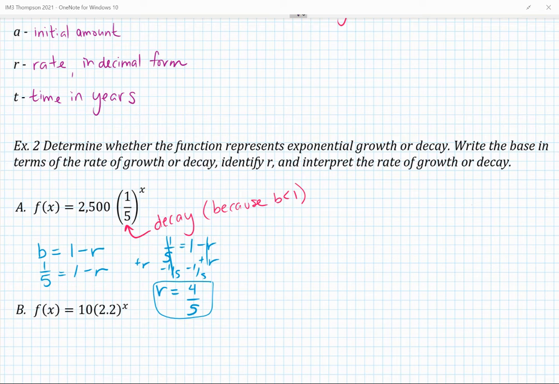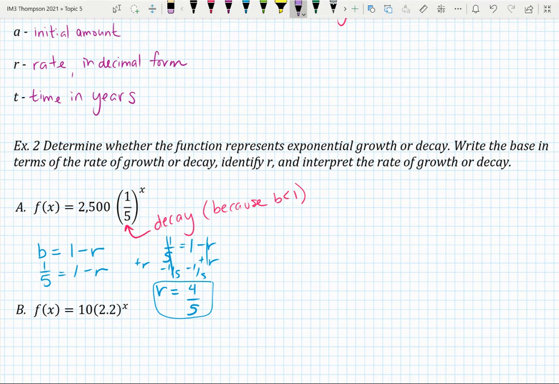If you need a calculator to do that, 4 divided by 5 gives me 80%. If this is an exponential decay, then that's an 80% decrease.